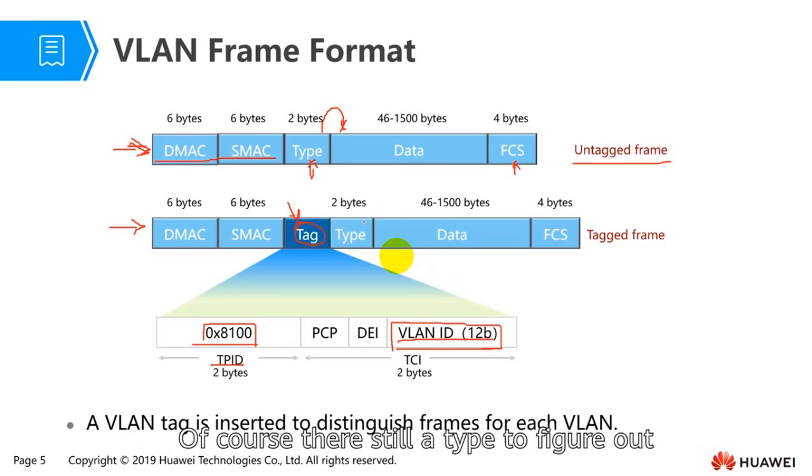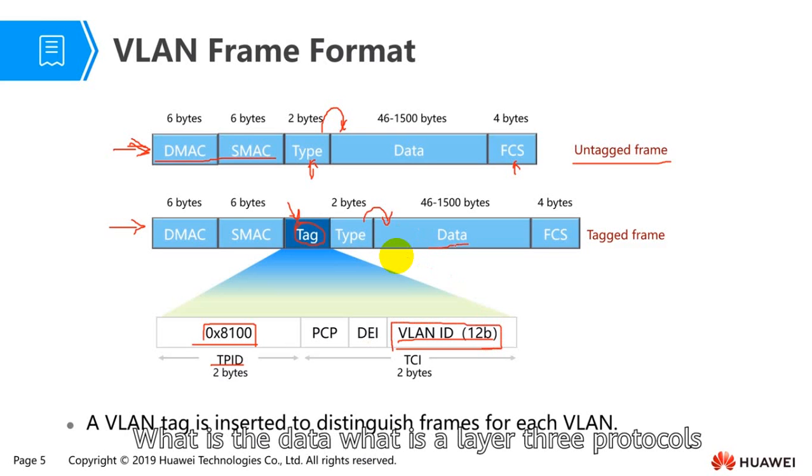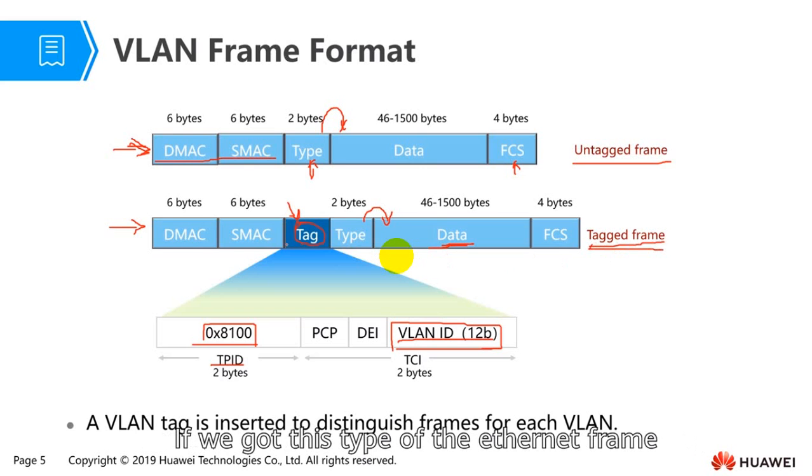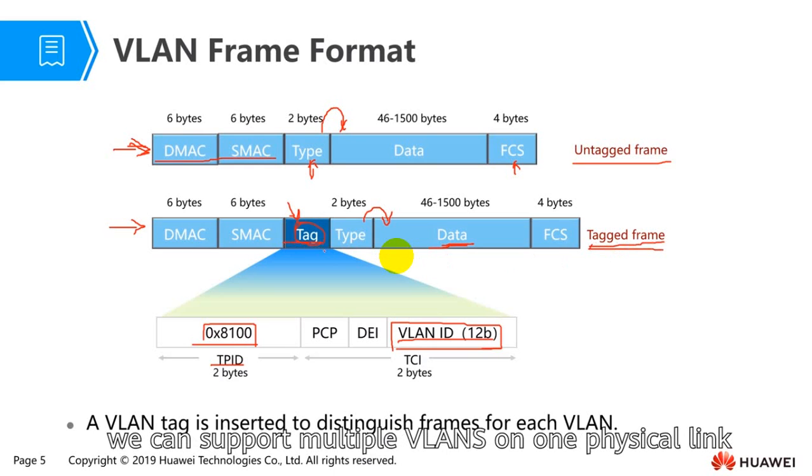Of course, there is still a type to identify what the data is, what the layer 3 protocol is. This frame is the tagged frame. With this type of Ethernet frame, we can support multiple VLANs on one physical link.